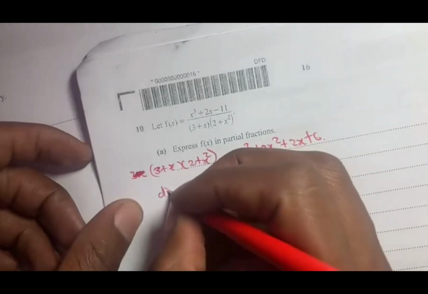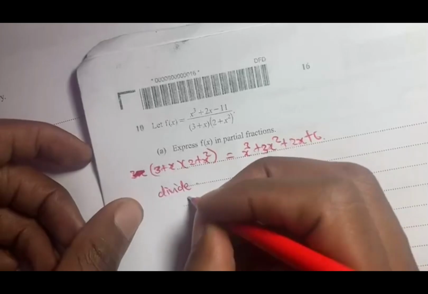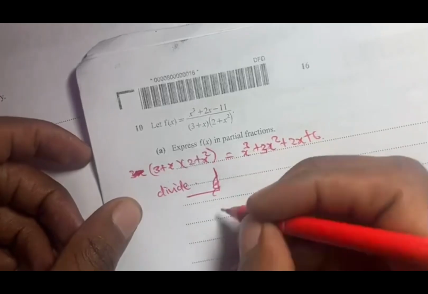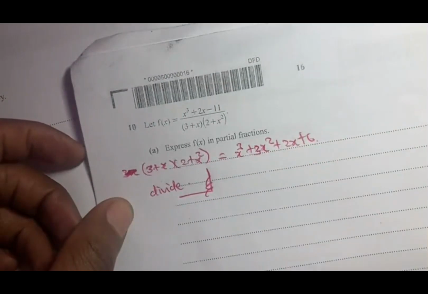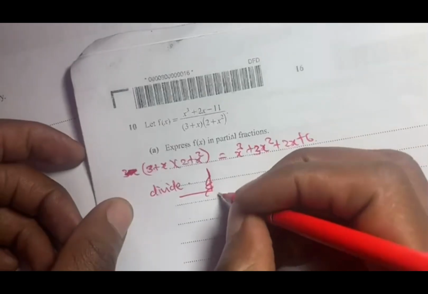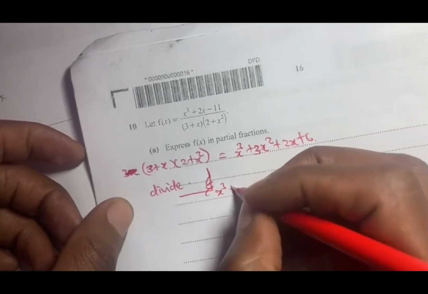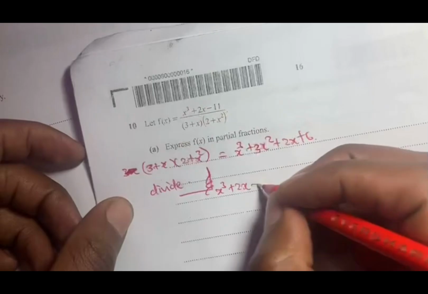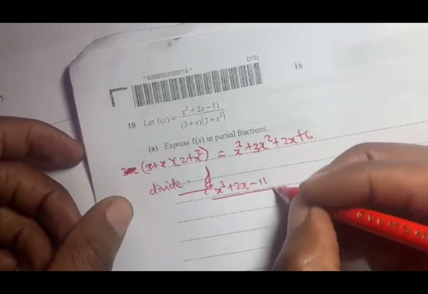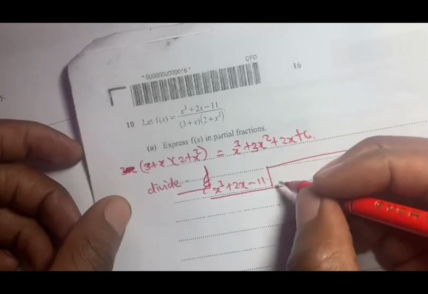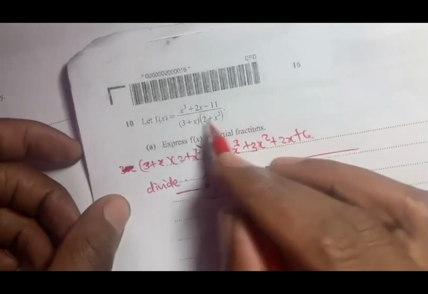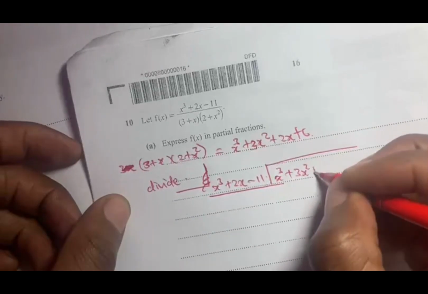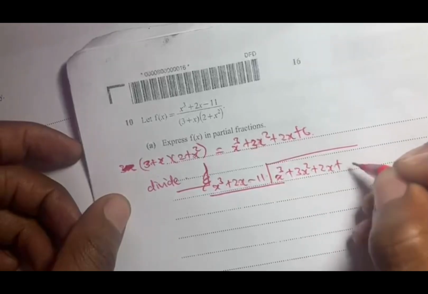So we divide x cubed plus 2x minus 11, the one which is on top here, over the function x cubed plus 3x squared plus 2x plus 6.